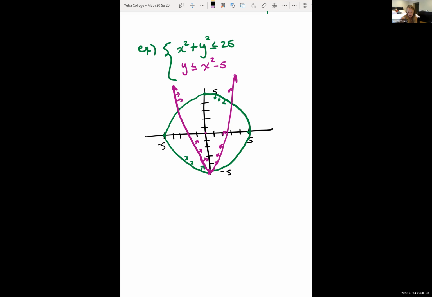So if we think about where these two colors would overlap if we had done it, notice that it's everything that's inside that parabola, but also inside the circle. So our solution is going to be this area in here.